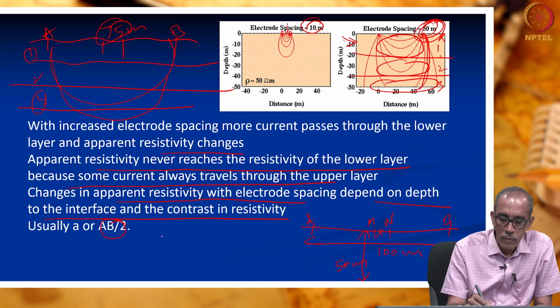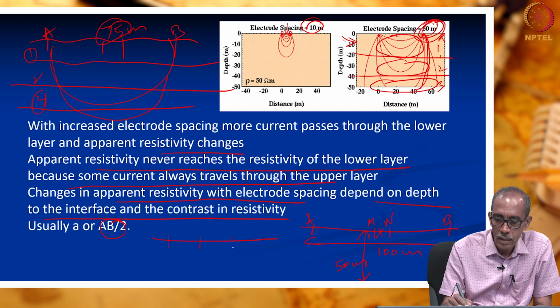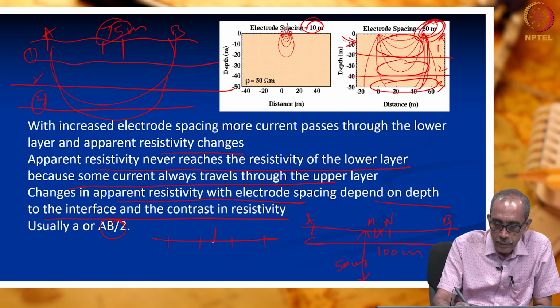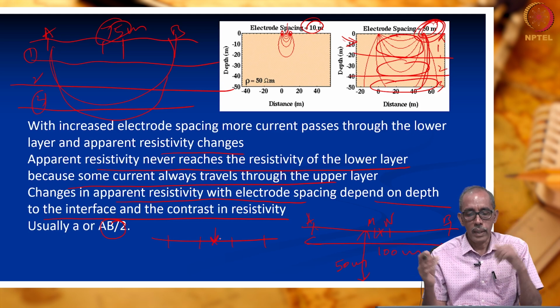I will go back to Wenner. This is the Wenner arrangement. Now, we are investigating the subsurface at this location. What is this location? This is the center of the electrode spread.